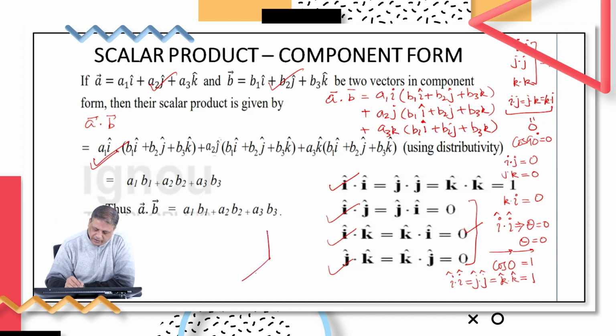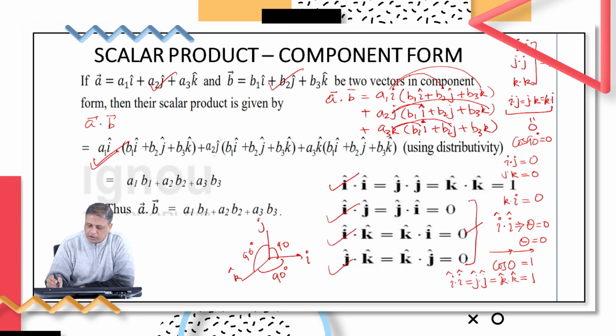We learned that the angle between unit vector i and unit vector j is 90 degrees, the angle between j and k is 90 degrees, and the angle between k and i is again 90 degrees, and cos 90 degrees is 0. Therefore, all the multiplications of i with j, i with k, j with i, j with k, k with i and k with j will vanish.